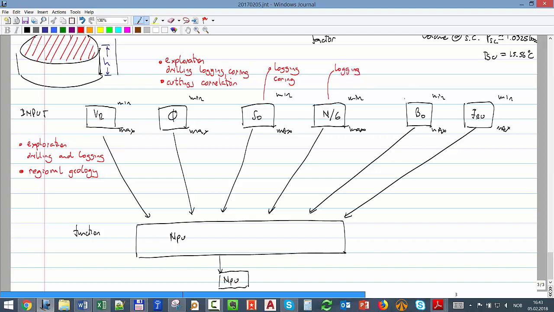BO. Fluid sampling. Okay, that we usually make with this DST, drill stem test. Recovery factor. Lab test, one part. Then we have expert, right? Previous experience.